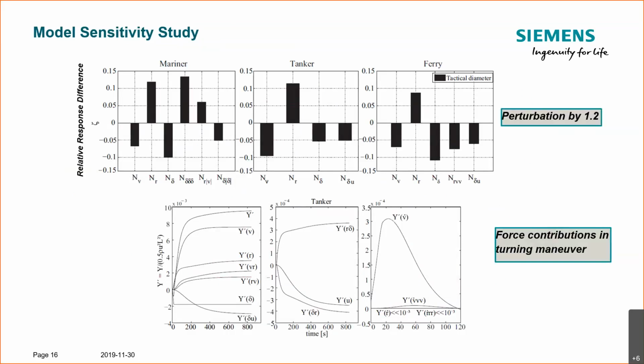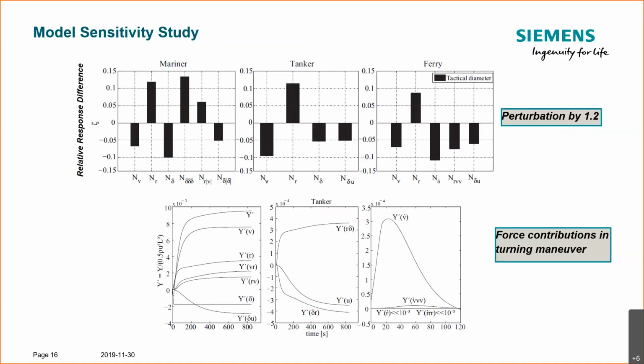Every coefficient in the model was perturbed by a factor of 1.2, and the response in the tactical diameter of a turning maneuver was measured. It was found that the most important coefficients are the ones shown in the top figure here. If you vary these coefficients, you get a response in the tactical diameter that is above 10%. All the other coefficients didn't really respond to that.